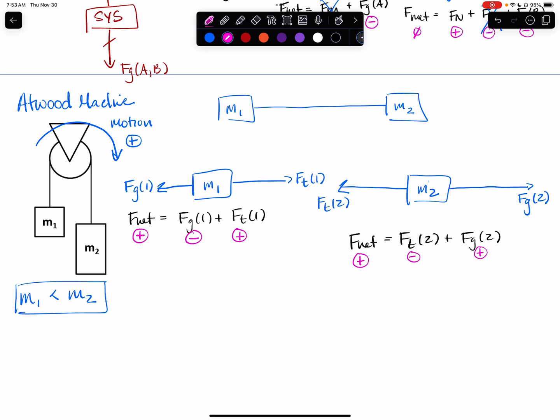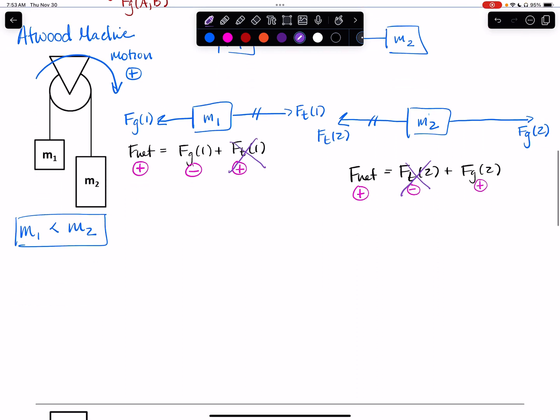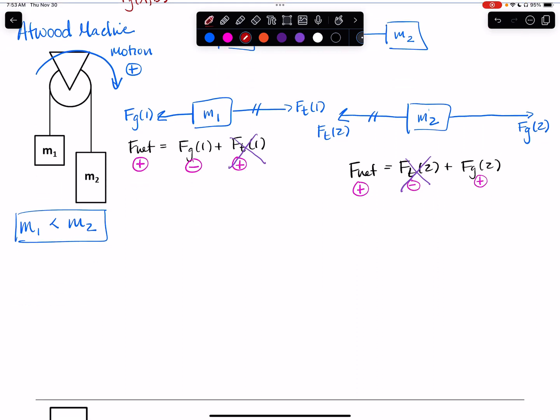All right, now moving on to the system. The first thing I do is look for internal forces. I have 2. I have these tension forces, and they will be equal but opposite, which means that when I add everything together, they're going to cancel each other out. So we just get rid of those, and we look at what is left. Here's my system.